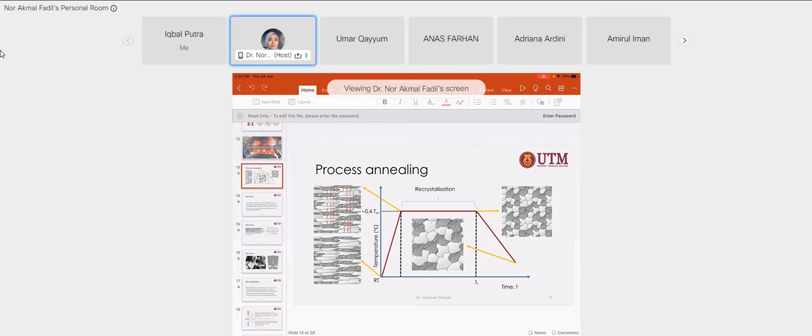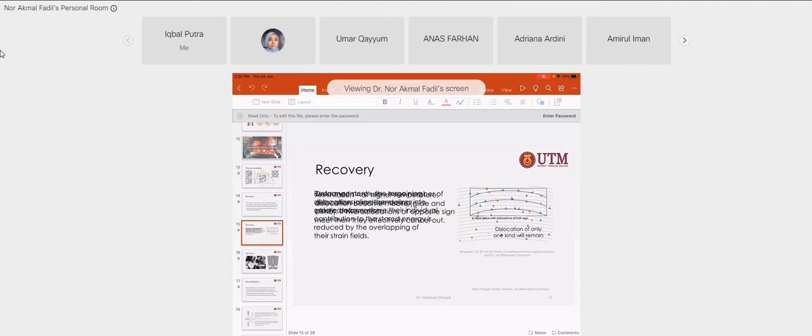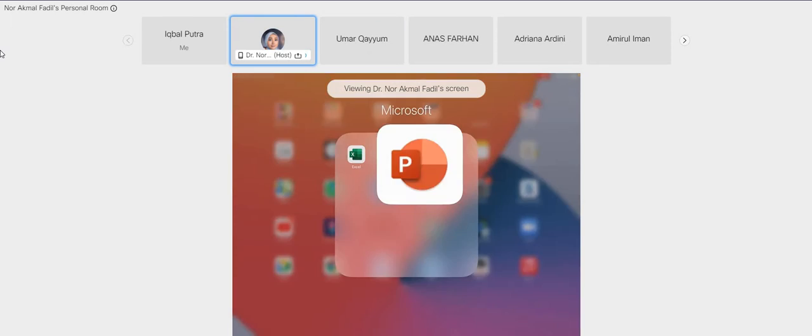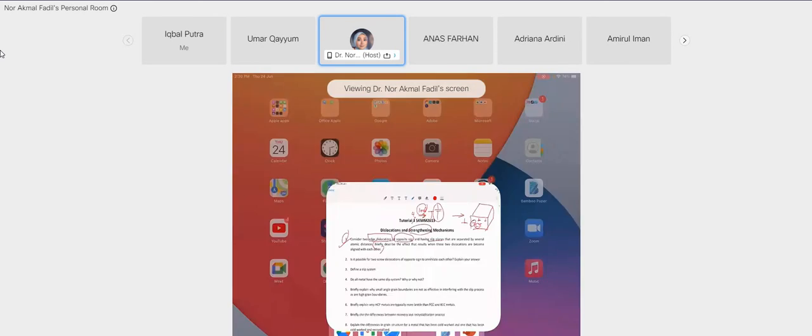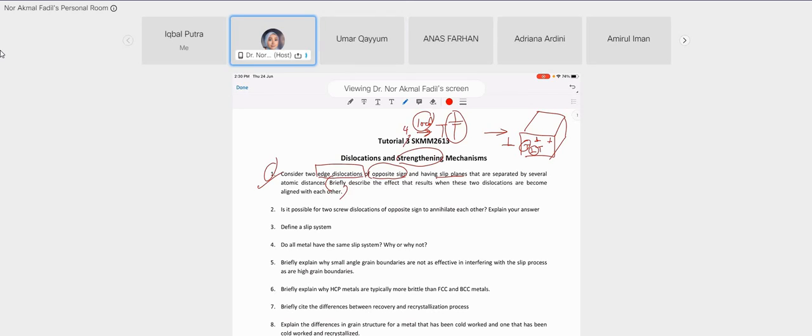Faham? Okay, that's it. Alright, very good question. Any other question before we move? And similar to question number 2, if you have an edge dislocation and a screw dislocation in different directions, when they meet halfway, they will stop at that point.